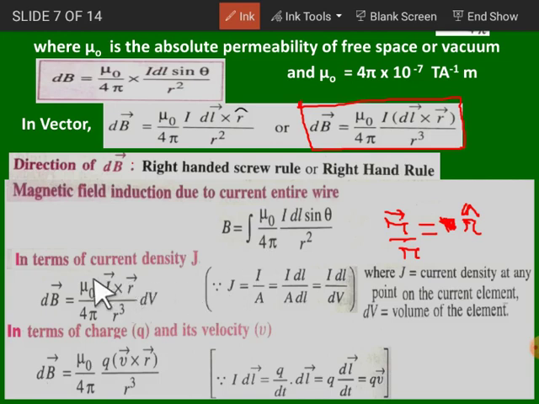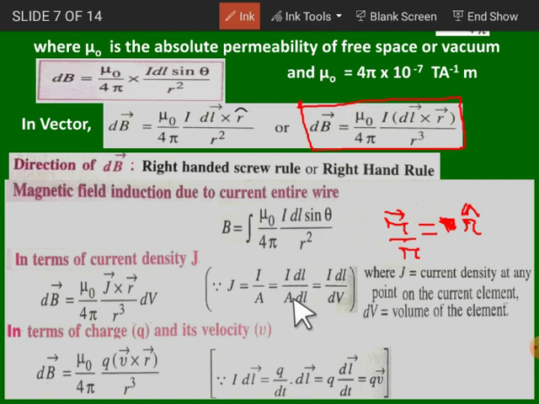Now in terms of the current density J, we know that current density J is defined as what? The magnitude of the current per unit cross-sectional area. Got it? Or you can say J is equal to I by A. And if you multiply by dl in both numerator and denominator, then the cross-sectional area into the length of the conductor will give you the volume of the elemental conductor.